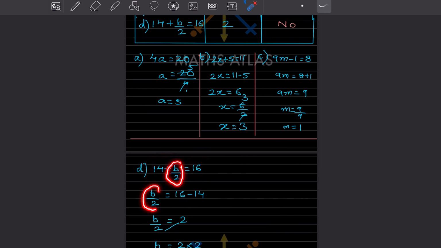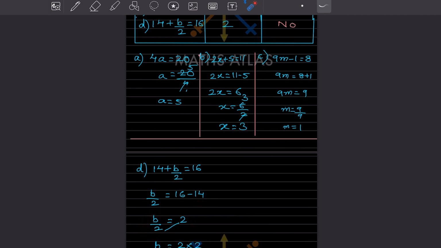Now see here, right hand side 16 as it is. Now this 14 I am taking to the right hand side, because actually it is only 14 at the start, meaning nothing at the start means it is always positive. So here we are going to change the place of this one, so it becomes minus. Clear?